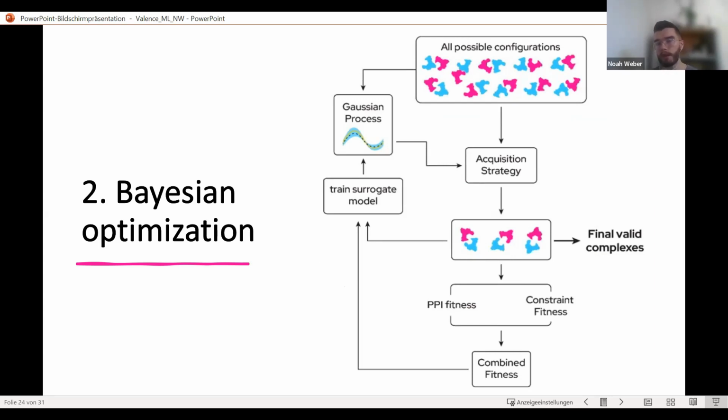So starting from the upper box of all possible conformations. We have a ternary complex, but they are all in different conformations, and we don't know what constitutes a good one or not.